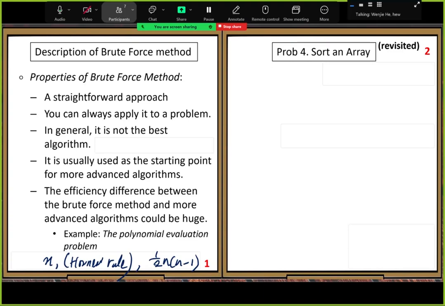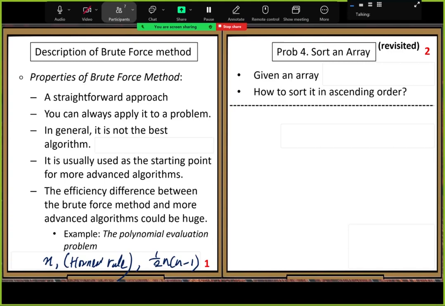This time we want to solve it in a different way, with a different solution. Given an array, how to sort it in ascending order. Our old question, but this time we want to apply a different property, different from the first time.